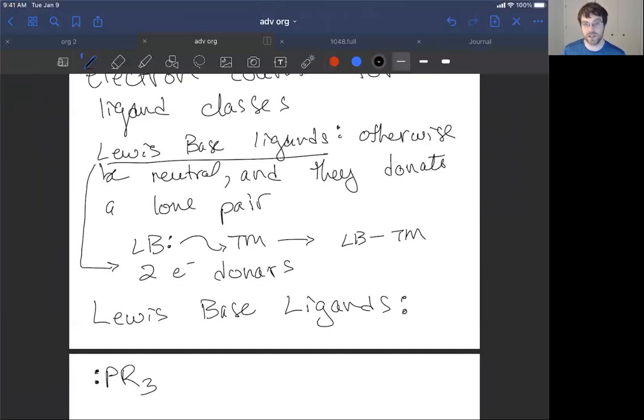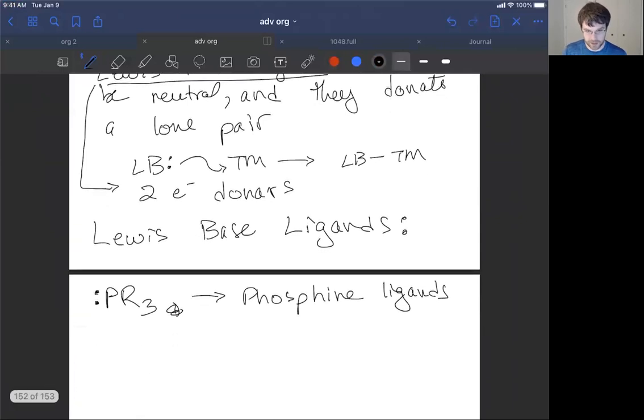It's just that triphenylphosphine is pretty easy to come by. I'm going to put the names next to these. So these are phosphine ligands. And sorry if you like ligands, I'm probably bothering you so much right now. Okay, there's also CO. I'm going to draw that as a Lewis structure.